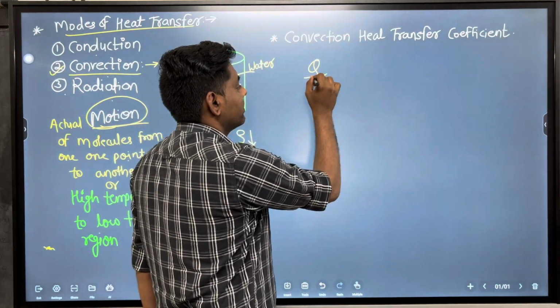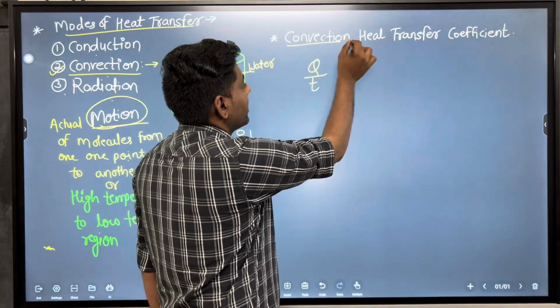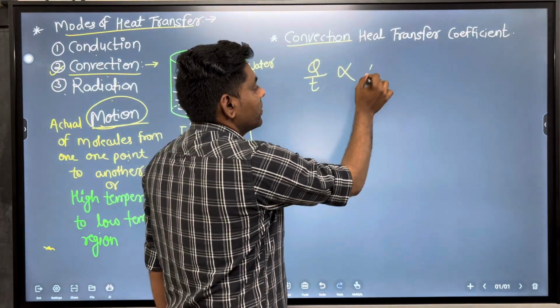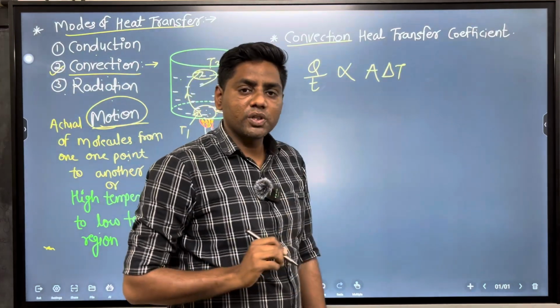The rate of heat transfer by means of convection is directly proportional to the surface area and delta T, meaning temperature difference.